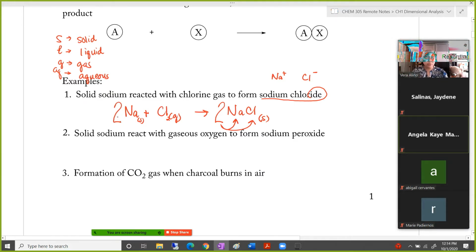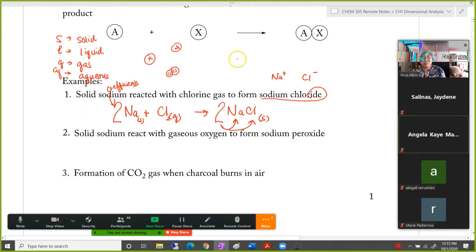By the way, for those who just came in, these numbers right here before your substance are referred to as coefficients. It tells you the number of substance you have. So you have 2 sodium reacting with 2 chlorine molecules.